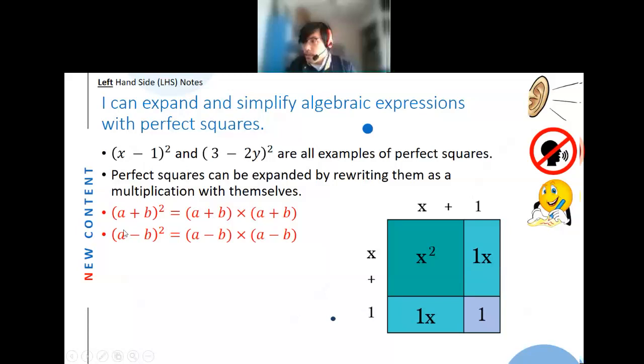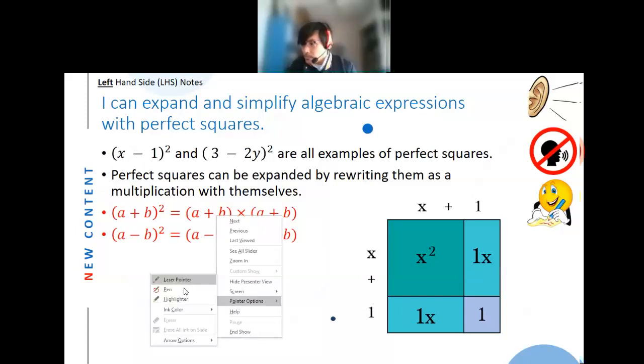That's basically the same as what we've been learning before. And then if we've got a minus b in brackets squared, we can rewrite that as a minus b multiplied by another a minus b. I hope that makes sense for everyone.